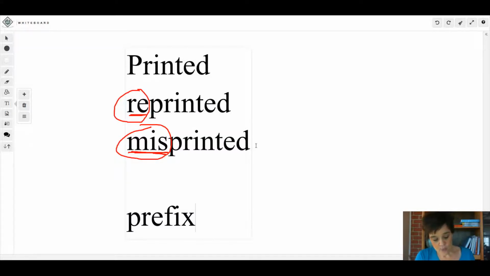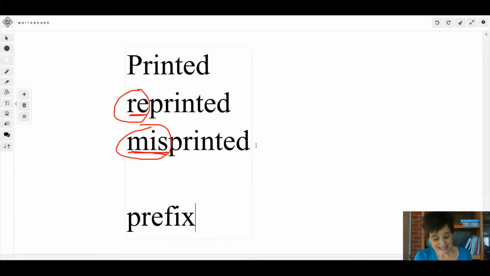Then you've got some more prefixes: im, which also means not, in, which also means not, and non. So im and in can also mean not. It just depends on the word. If you have immature, it means not mature. Inaccurate is not accurate. Nonessential means it's not necessary, it's not essential.